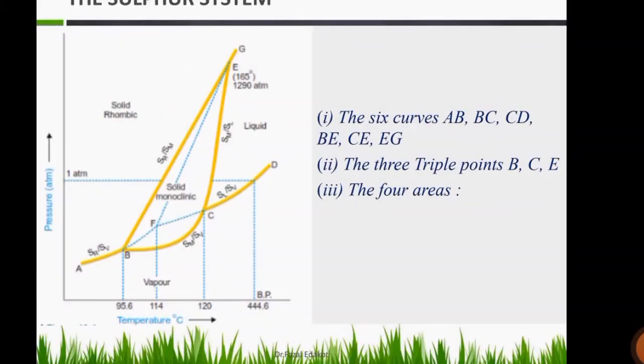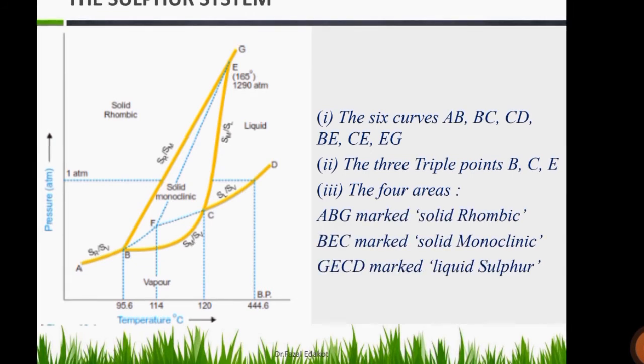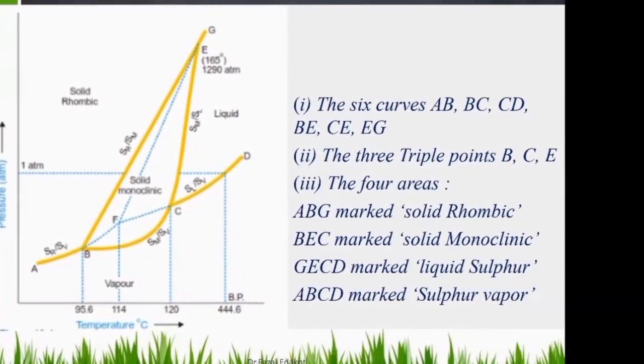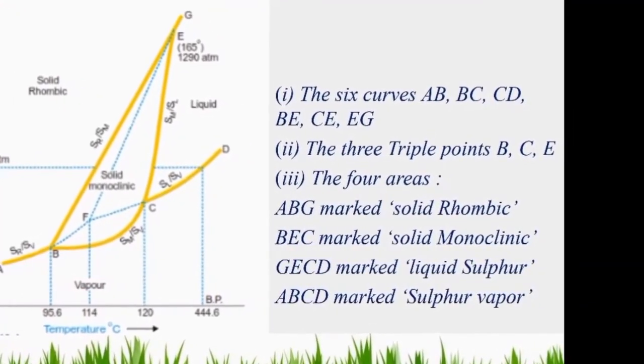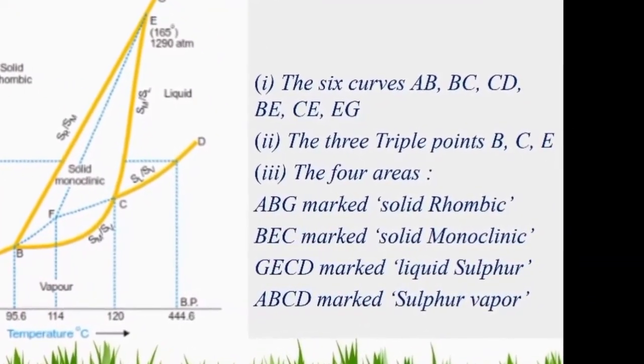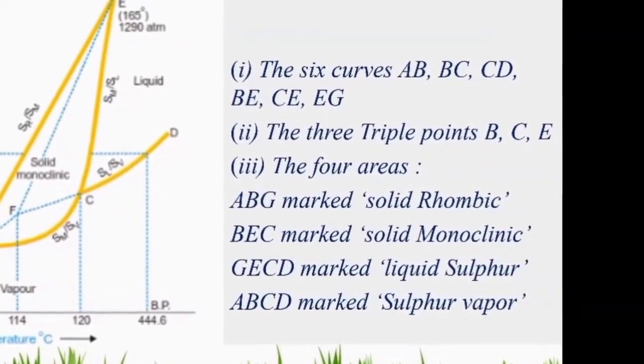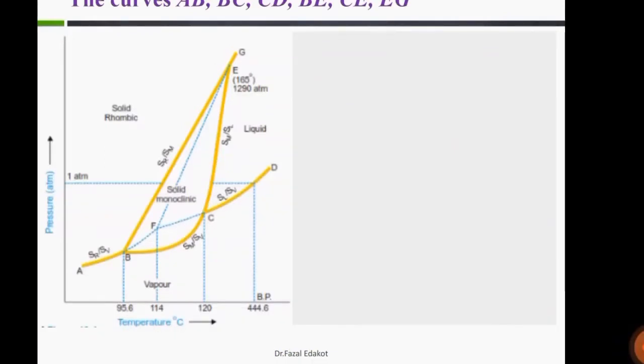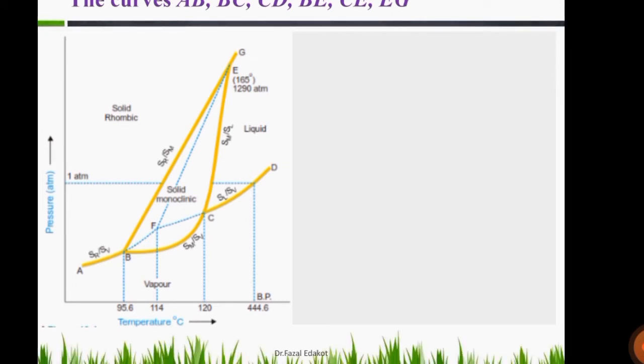And the 4 areas: ABG, marked as solid rhombic; BEC, marked as solid monoclinic; GECD, marked as liquid sulfur; and ABCD, marked as sulfur vapor. Now let's discuss the curves AB, BC, CD, BE, EG. These 6 curves divide the diagram into 4 areas.